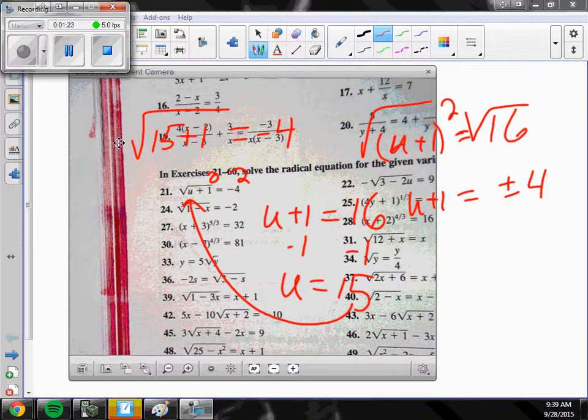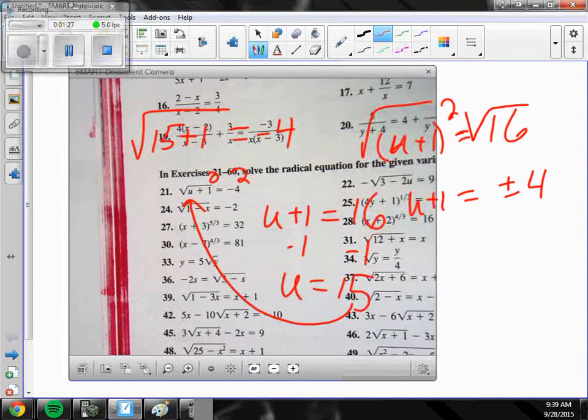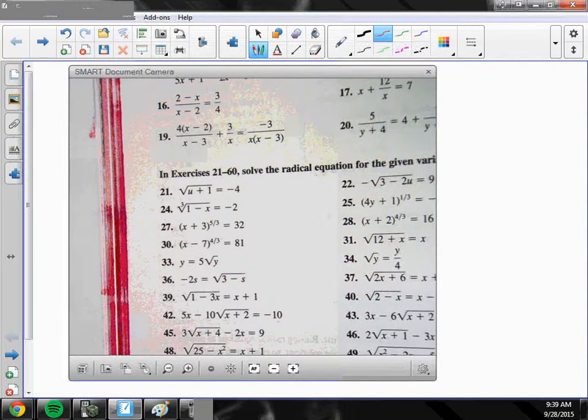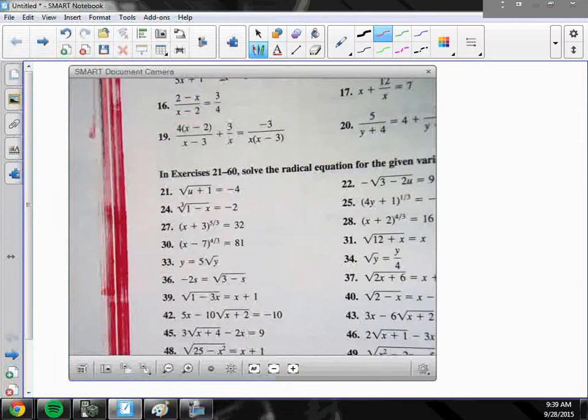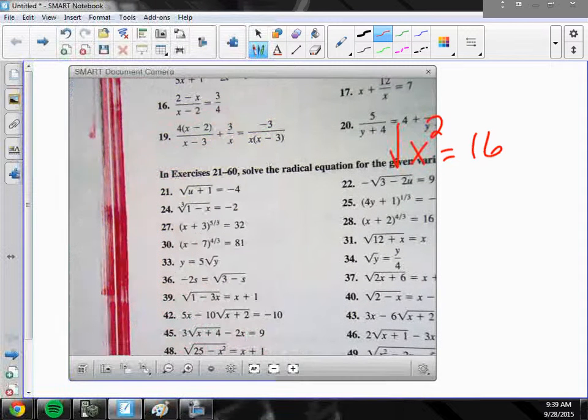But when you square root a variable squared, you get plus or minus. I think what I was actually going for is more like this. If I had x squared equals 16, and I square root that, x equals plus or minus 4.